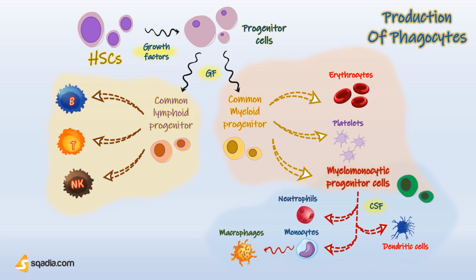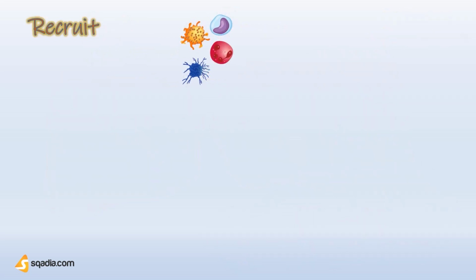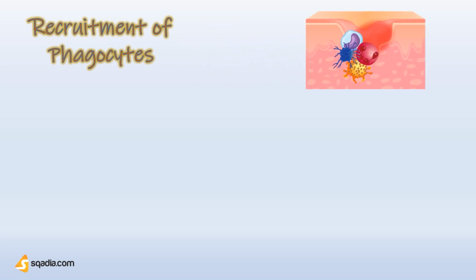Now, after its production, let's try to understand their recruitment. The ability of immune cells to mobilize and traffic to where they are needed is central for their functions in promoting immune defense during infection and in driving inflammatory diseases. Among phagocytes, monocytes constantly migrate into blood and healthy tissues.